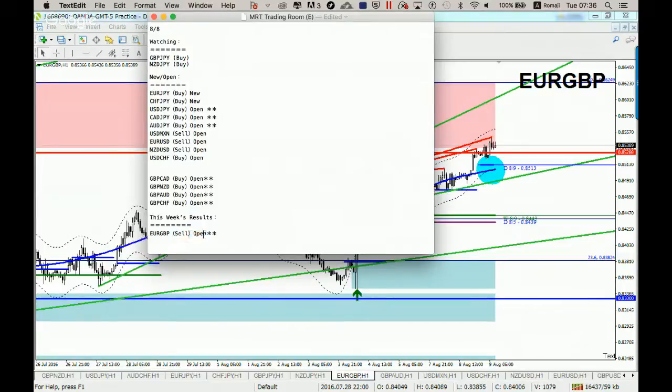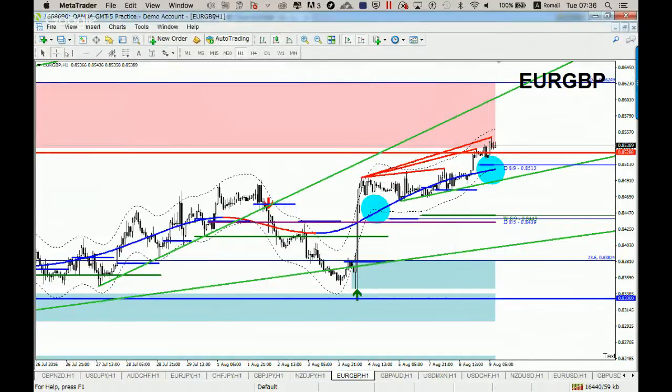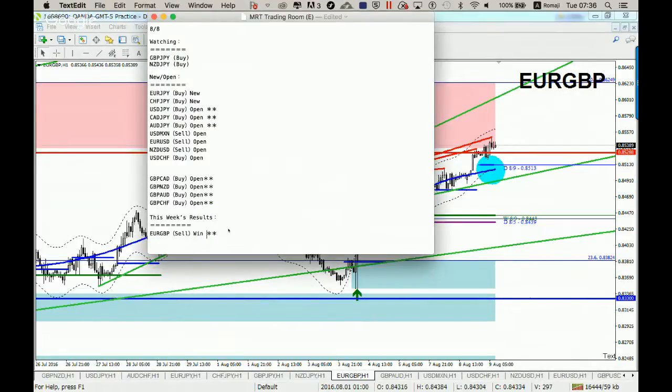This is actually a win. Let's not forget that this is a winning trade. And for the initial part of the position we closed, we made 198 pips on that.